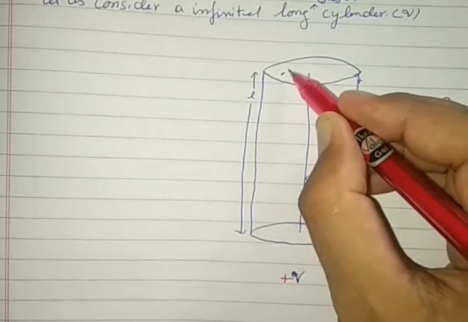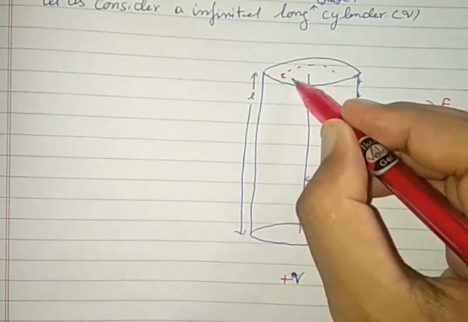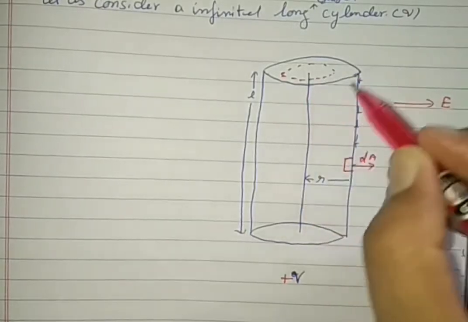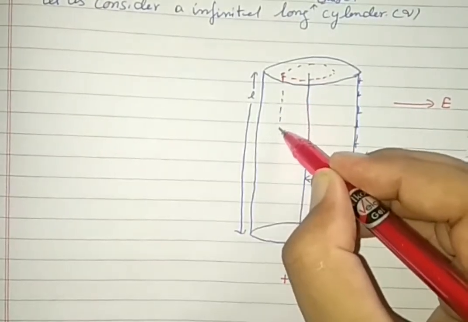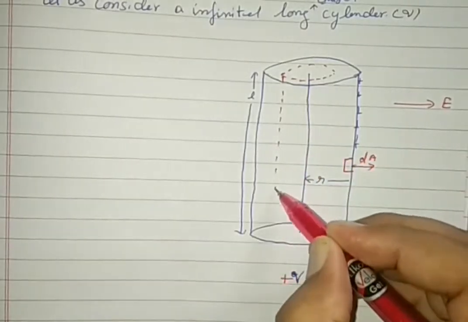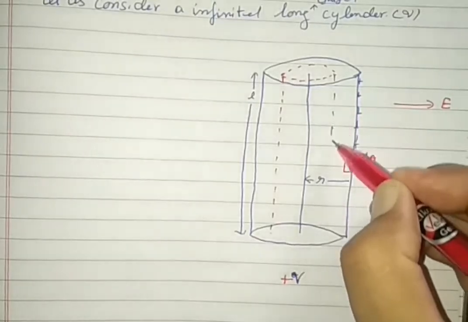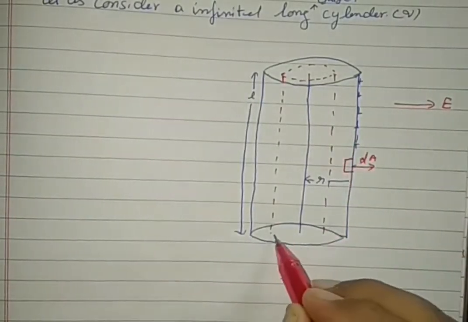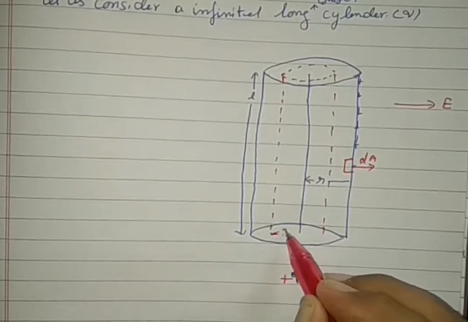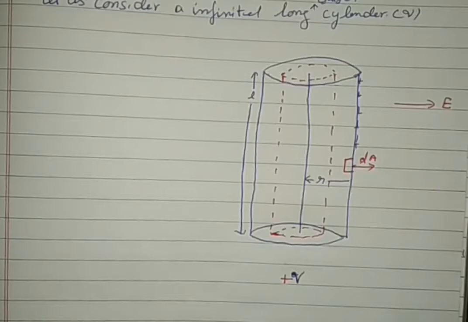See very carefully the concept of a Gaussian surface inside a cylinder. It is represented here like this. Right?